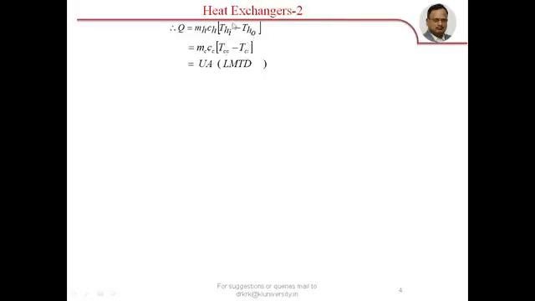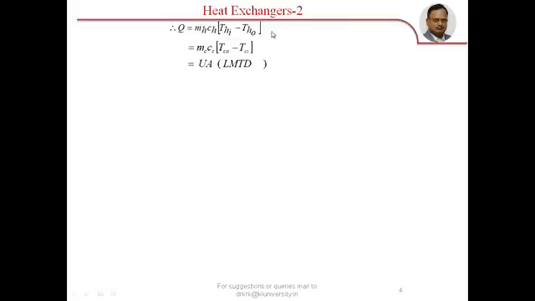Now using these four temperatures, you determine LMTD, and Q is also equal to UA LMTD because we know the overall heat transfer coefficient. From this we can determine the area of the heat exchanger required. That is what we do in general in the logarithmic mean temperature difference method of designing a heat exchanger.